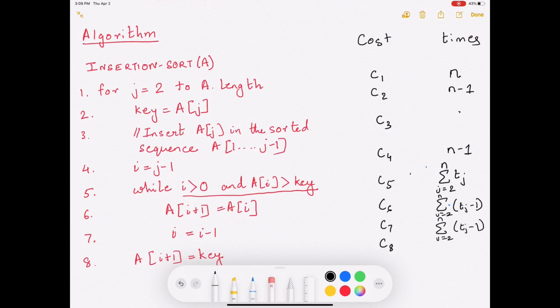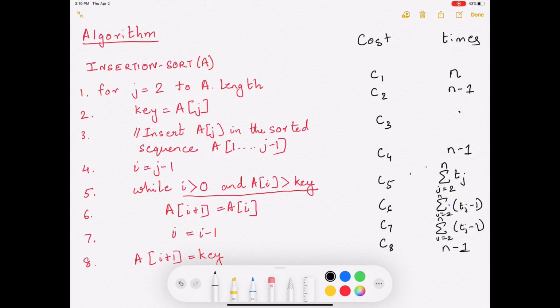If line 5 executes tj times, line 6 and 7 are going to execute 1 less, because whenever you exit out of the while loop, you have to check the condition of the while loop again. Now line 8, it's outside the while loop, that executes n minus 1 times. So that's the total amount of times that each of these lines execute.